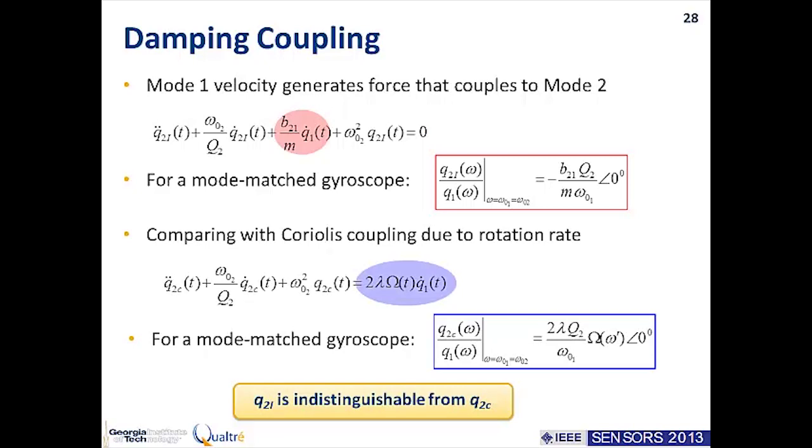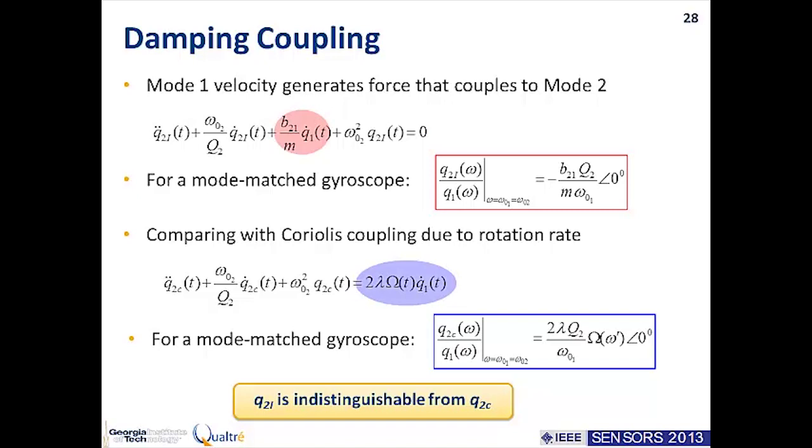So that means that it's impossible to distinguish an error signal coming from damping coupling from a signal coming from an input rotation. What makes it even more complicated is that since you can't distinguish one from the other, it's very difficult to implement electronic techniques to compensate for it. There are methods to do it.